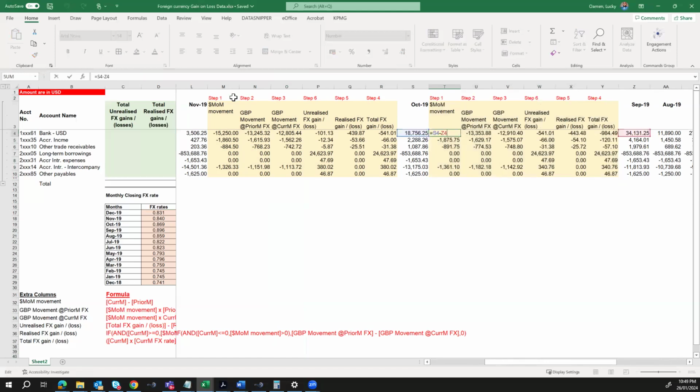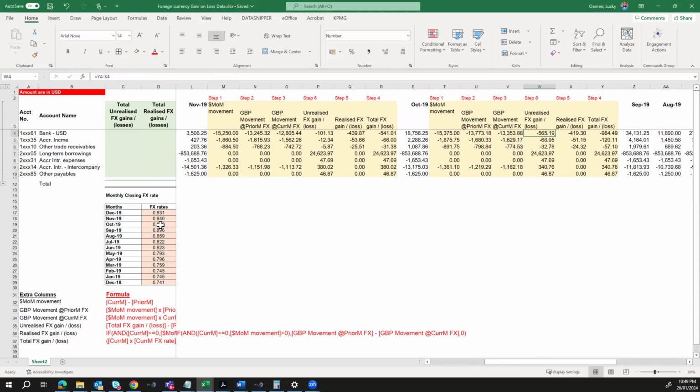So step 1 is fine, which is simply movement between October and September numbers. Then in terms of the FX movement from the previous month, this should use our September rates. Drag down. Then this should be for October rates. Just drag down.